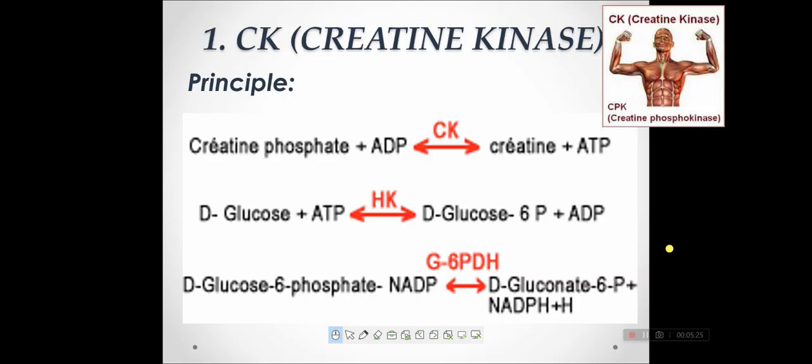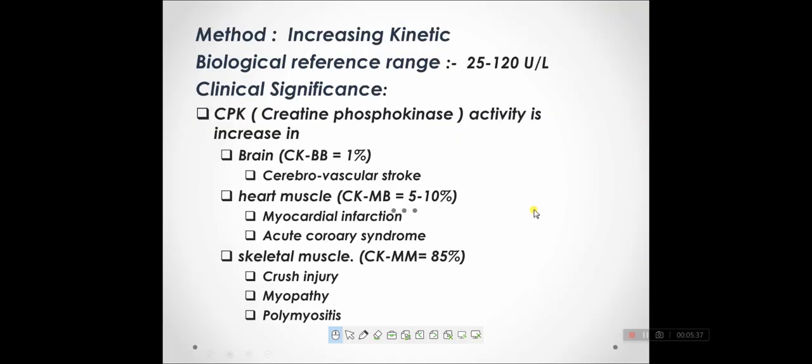The D-glucose 6-phosphate and NADP get converted into D-gluconate 6-phosphate and NADPH plus H in the presence of G6PD-H enzyme. The method of testing is kinetic increasing. The normal range of CK enzyme is 25 to 120 units per liter.